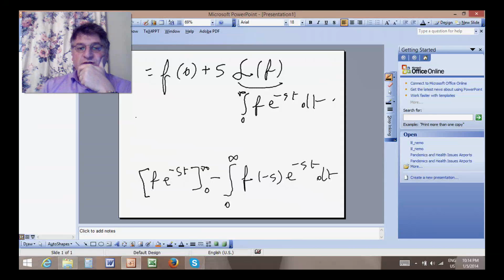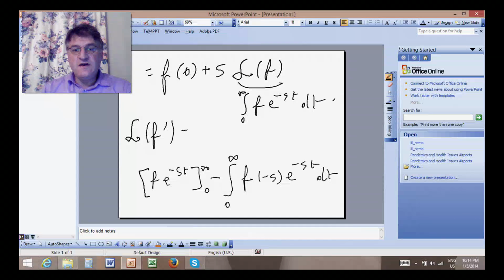So we obtain the following interesting relationship: the Laplace transform of f prime is f of 0 plus s times the Laplace transform of f.